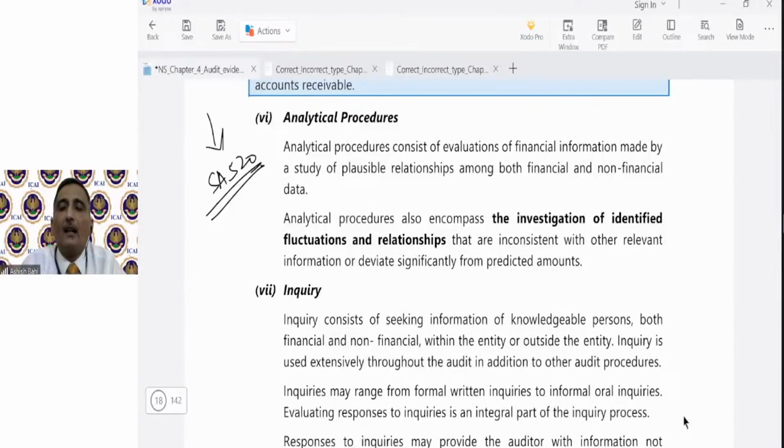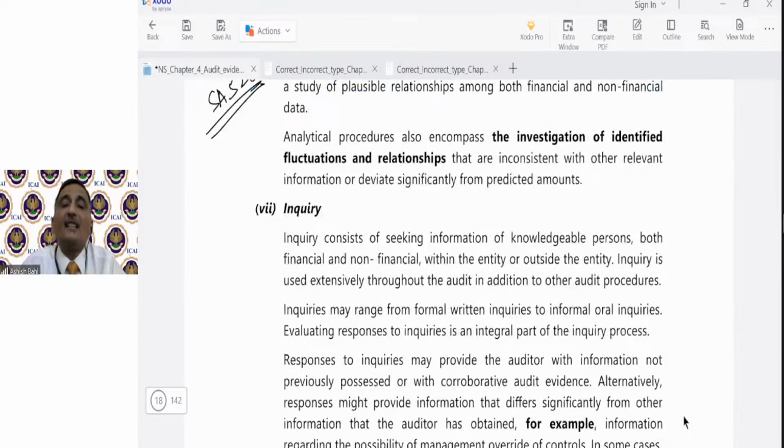Okay, and last, not the least, is inquiry. Inquiry, you already understand: to inquire from somebody, to seek information from other persons within the entity or outside the entity, within the company or outside the company.